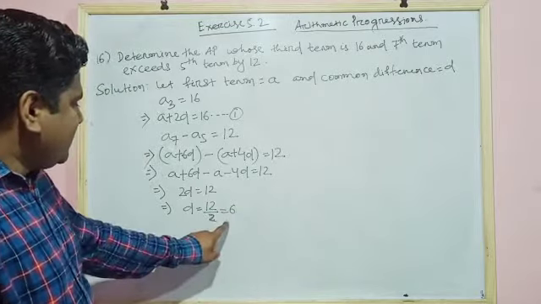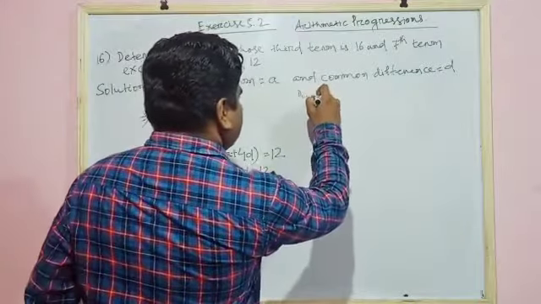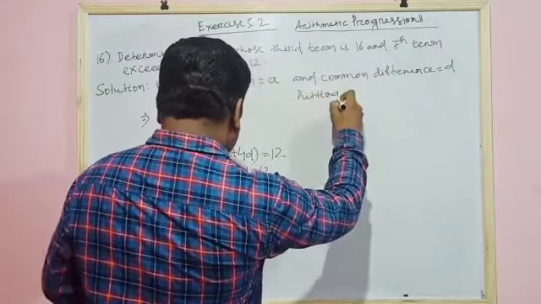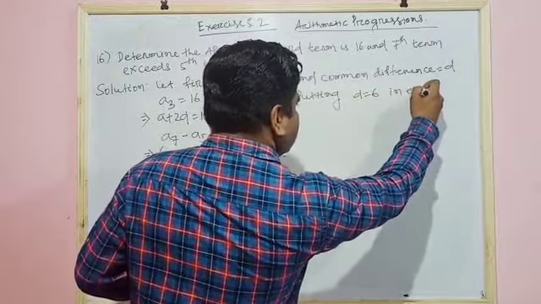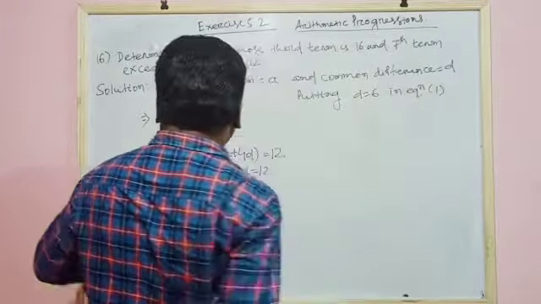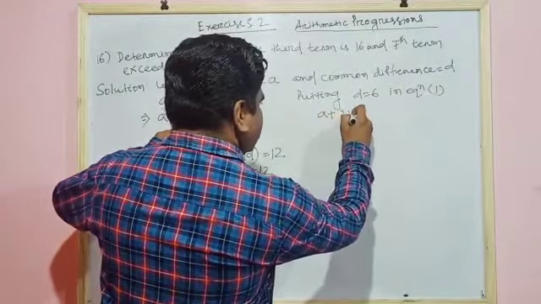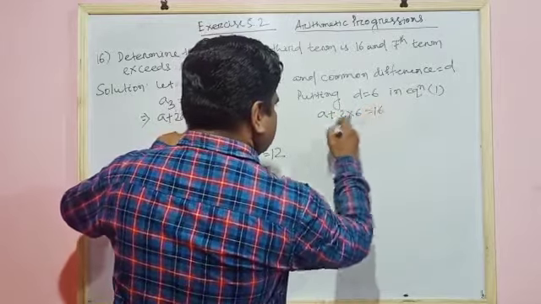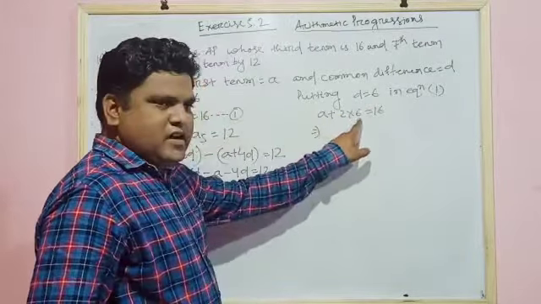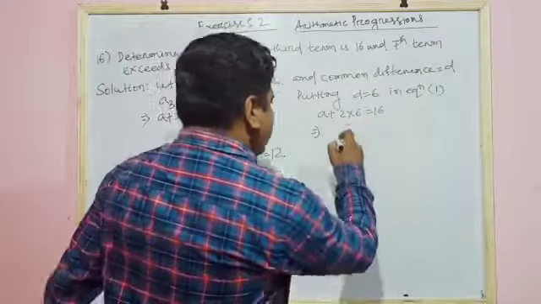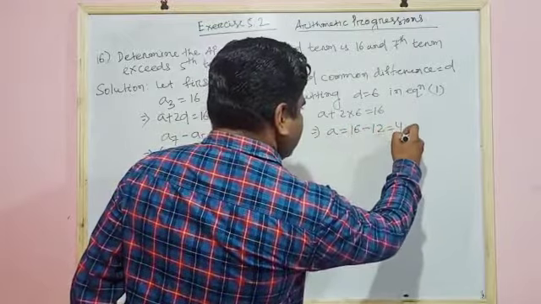Putting D equal to 6 in equation 1, we get A plus 2D is 16. So A plus 2 into 6 equal to 16. A plus 12 equal to 16. So A will be 16 minus 12, which is 4.